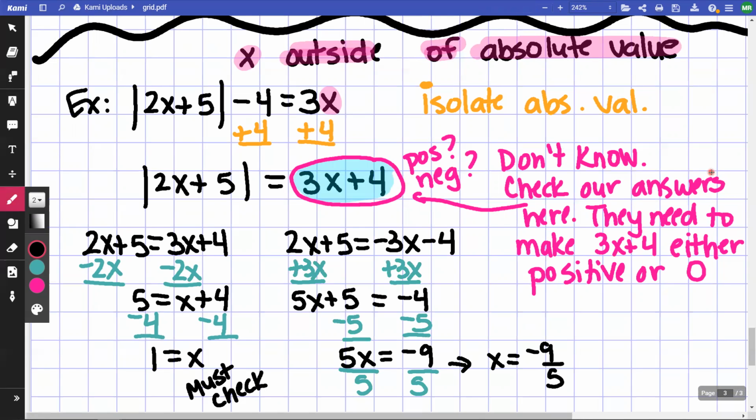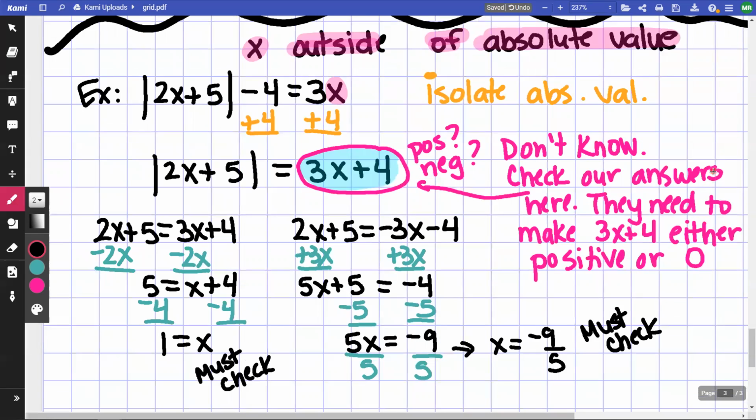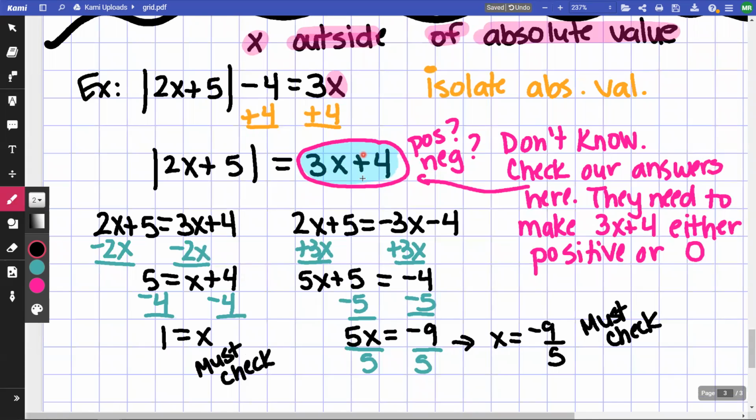Now, again, I must check. Okay, so don't automatically assume that because something's positive or negative, it works. It really depends on what is right here, this 3x plus 4. And that's where I'm going to check.